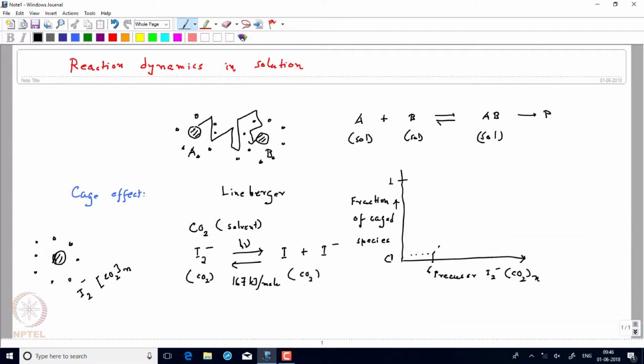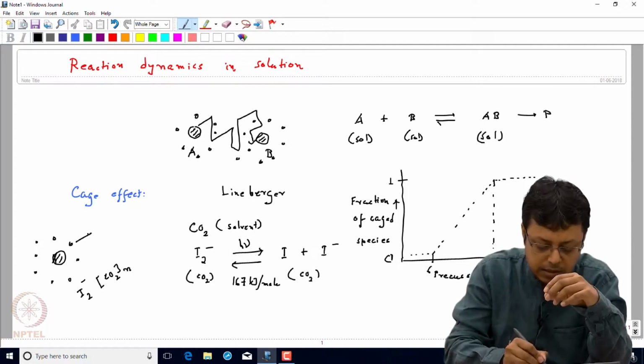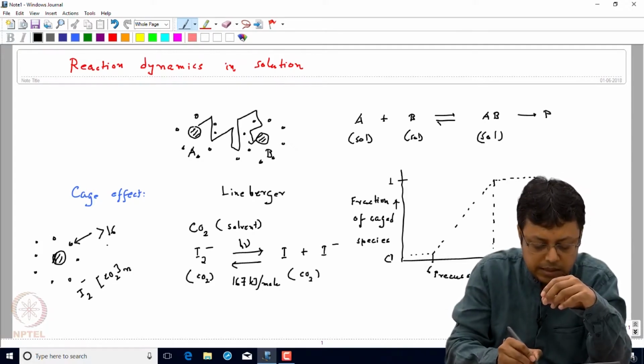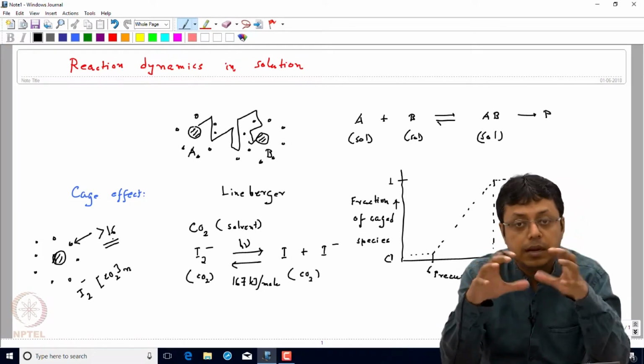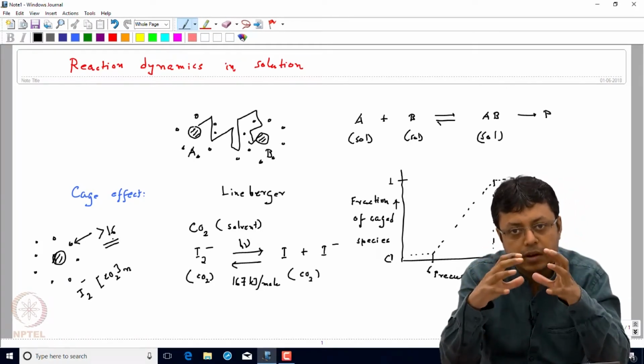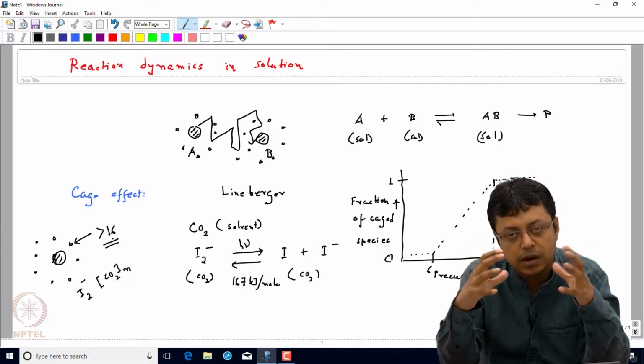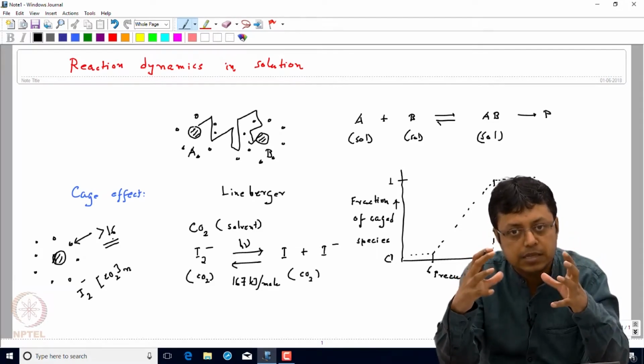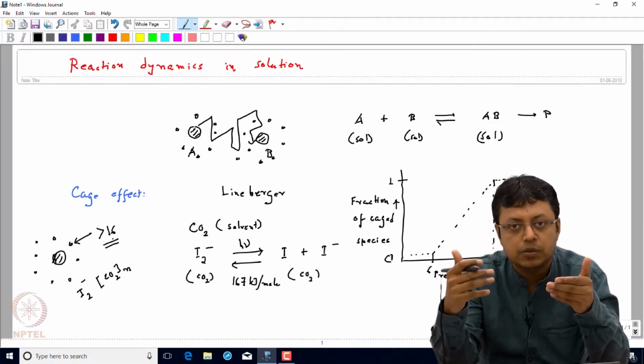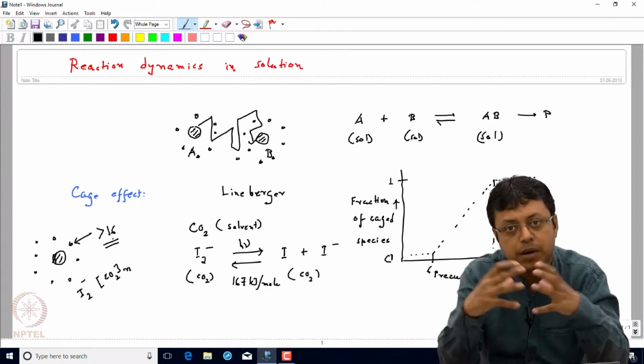But then once they increase the number of CO2 molecules, they see that when this number reaches something around say 16, above that you always see the cage is formed, meaning if the cluster size of CO2 molecules is greater than 16, the cage will always be stable, meaning 16, 17, 18, those many or a higher number of CO2 molecules, if they are present, the 167 kilojoule per mole energy is not sufficient to break that cage.